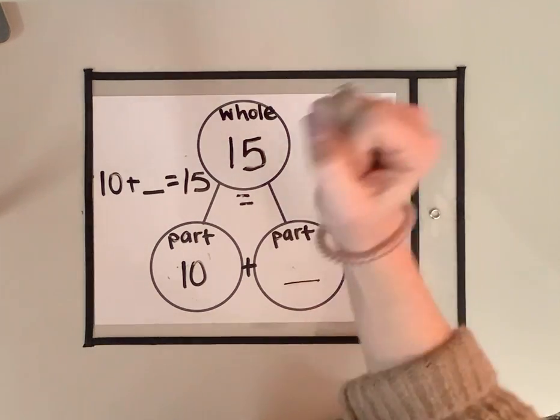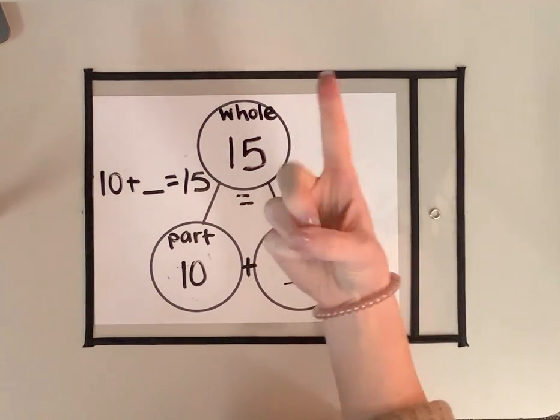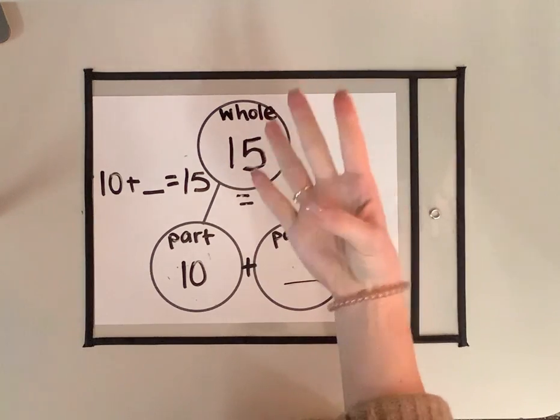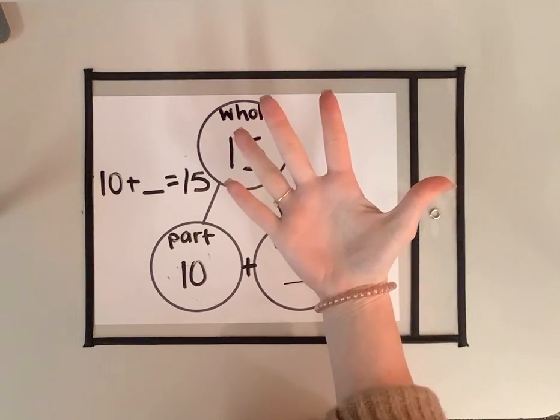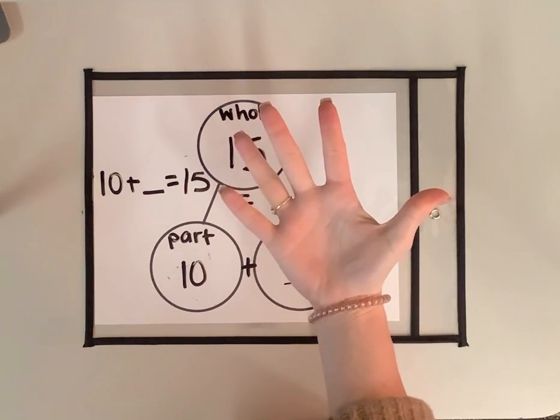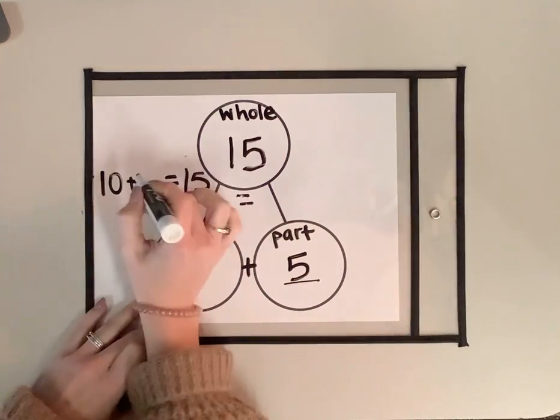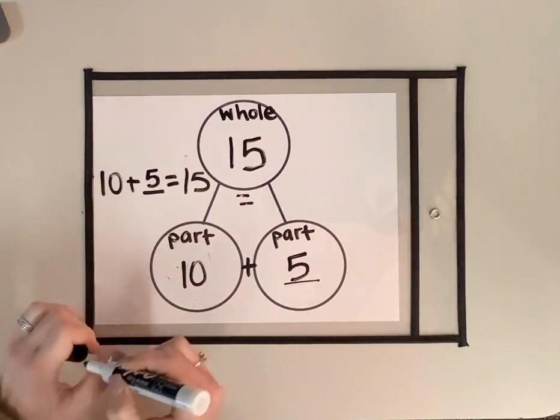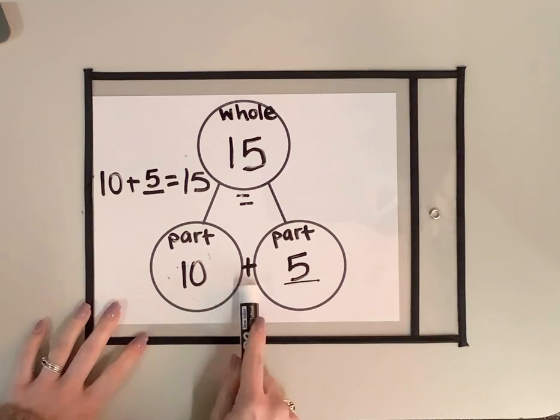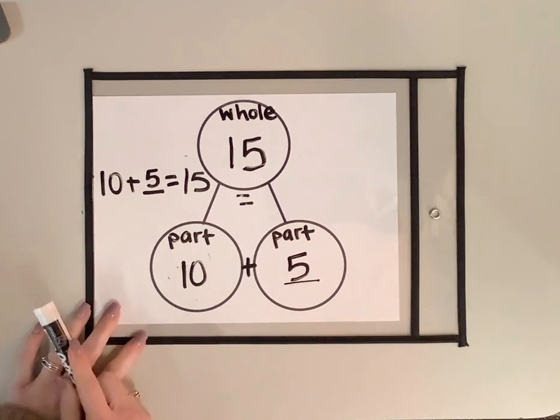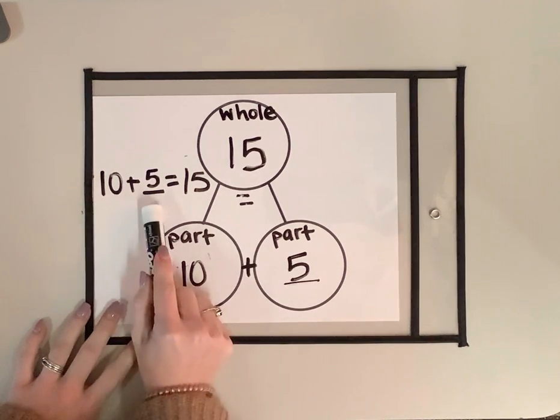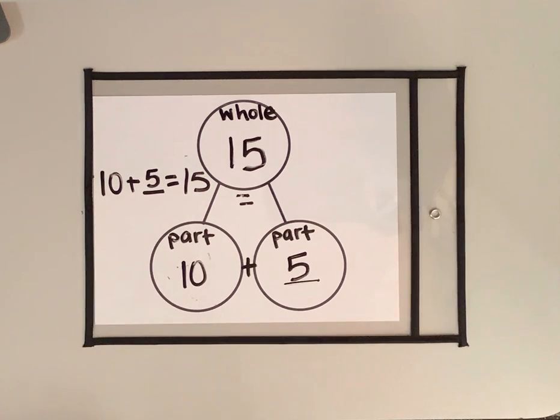Ready? 10, 11, 12, 13, 14, 15. What's my change? That's right, it's 5. My change in the problem is 5. 10 plus 5 equals 15.